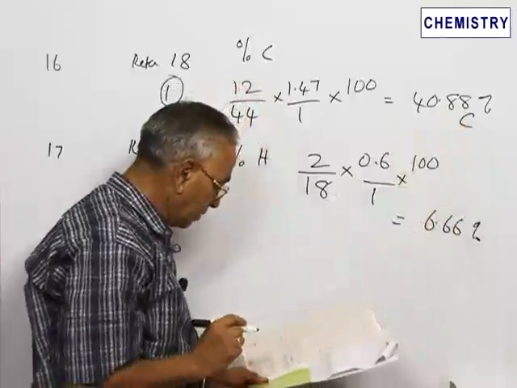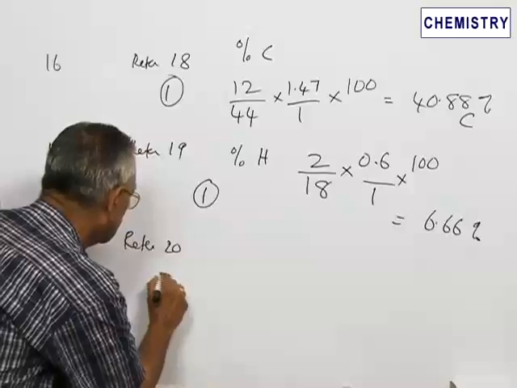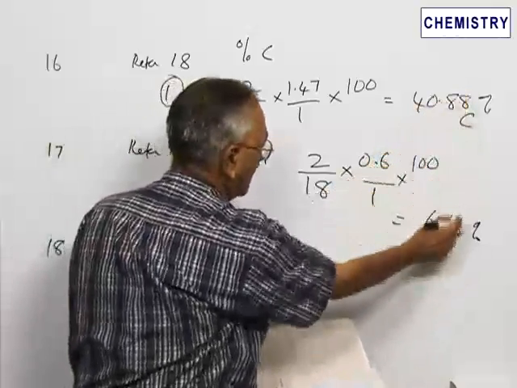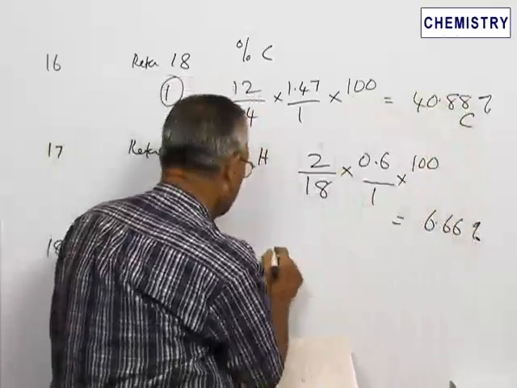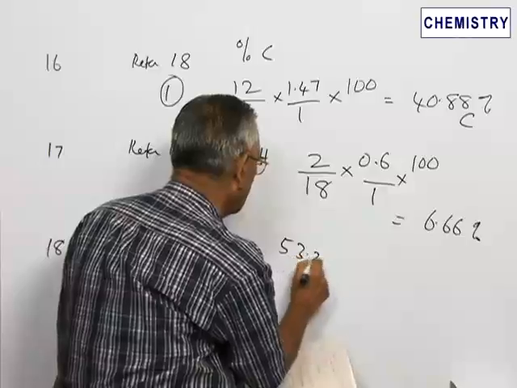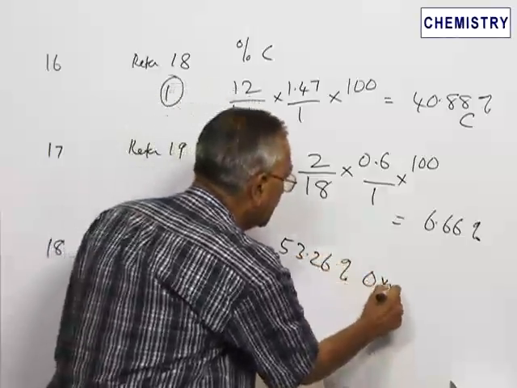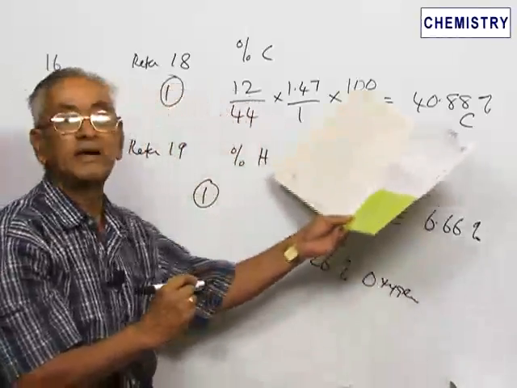The amount works out to 53, and the choice is 2. Add up 40.88 plus 6.66, subtract it from 100. The value obtained will be 53.26% of oxygen. Oxygen is not estimated by any direct method, but is obtained indirectly by difference.